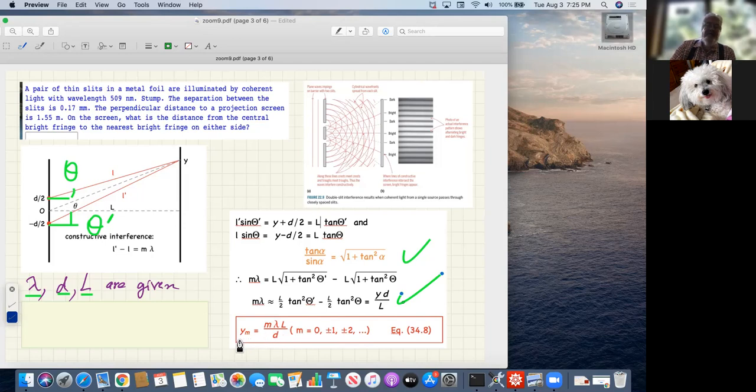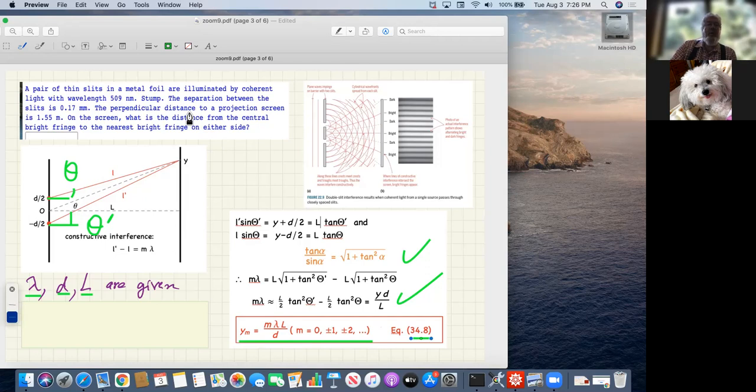So that's the equation that you'll find in the book for constructive interference in the two-slit interference experiment, Young's experiment. So that's equation 34.8. I didn't really have to go through this long derivation to solve the problem. I could just start at this point, take this out of the book.